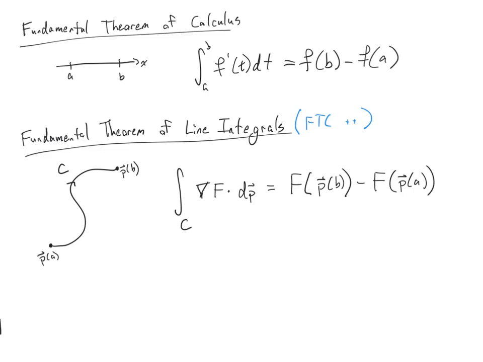So the fundamental theorem of calculus, as you know, says that if I'm computing an integral of f prime of t dt, so if I'm taking the integral of a derivative from a to b, I can take the antiderivative, so the function that I know this is the derivative of, and just evaluate.